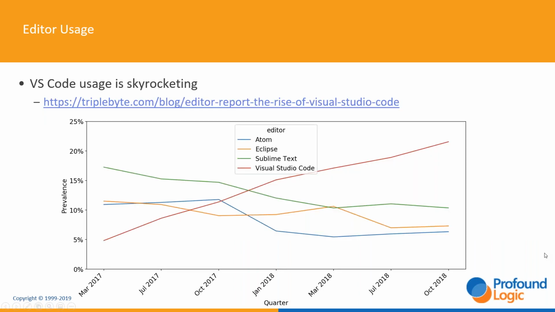Just to talk a little bit about the popularity of Visual Studio Code, there are tons of references out there for different studies that have been done about popularity of editors. I like this particular chart because I think it visualizes it really well. So TripleByte is, I guess you'd call them a recruiter. Developers can join TripleByte.